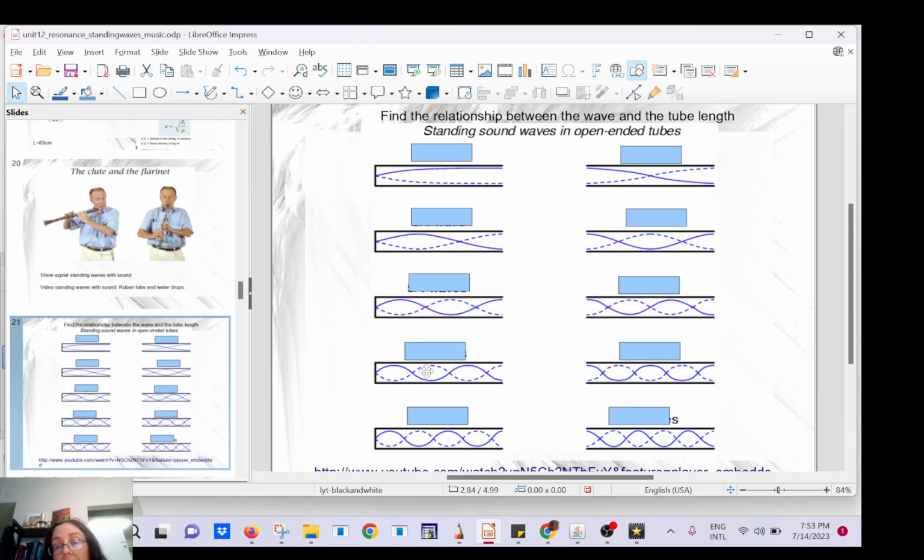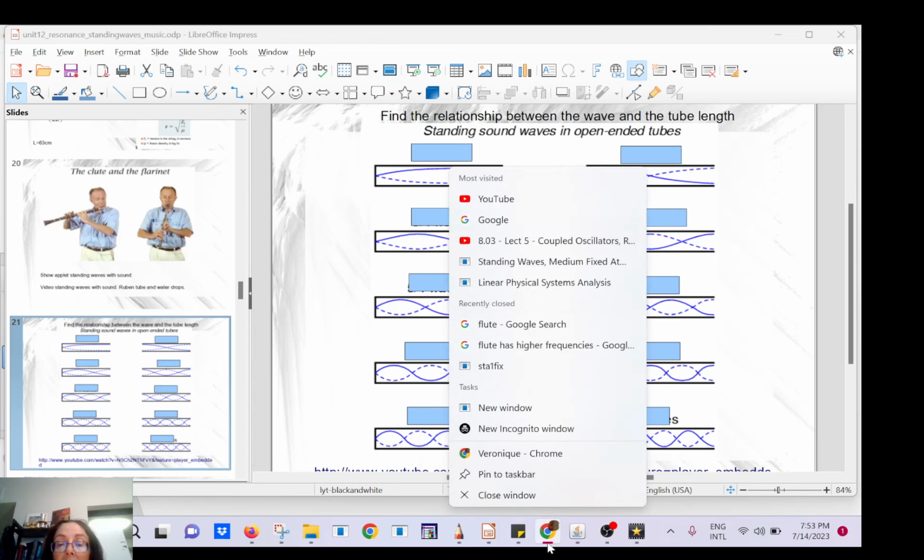Try to find the harmonics, that means the natural frequencies and the wavelength of the first, the second, the third, the fourth, and the last one. That's what we're going to do next time.